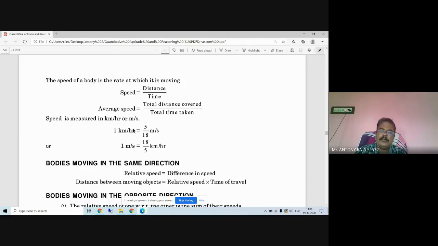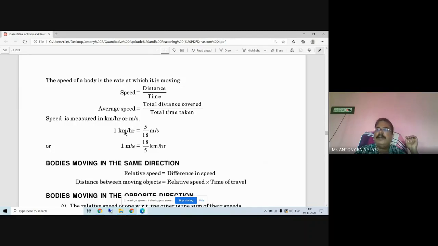Similarly, for hour you put H only. I think this is one of the old textbooks, therefore HR is given. But in the new textbook, SI unit is used: for second, you write S only; for hour, you write H only. So kilometer divided by H only.